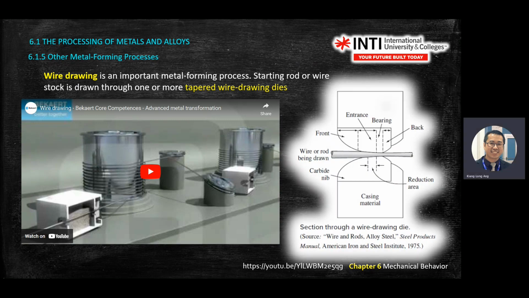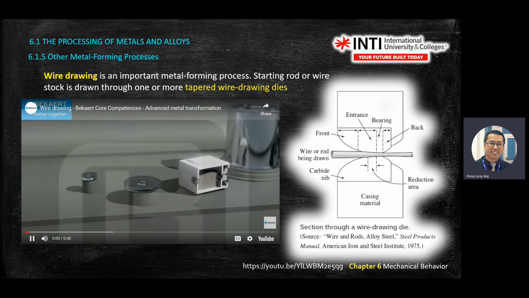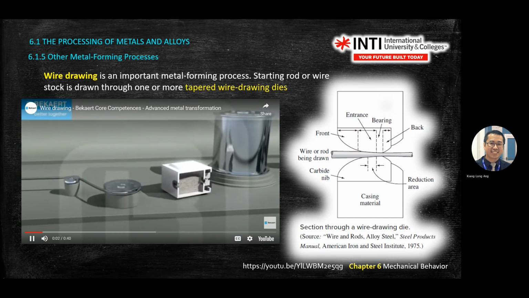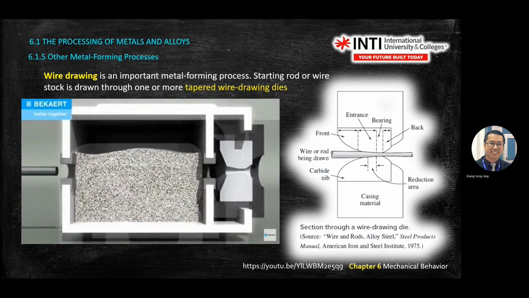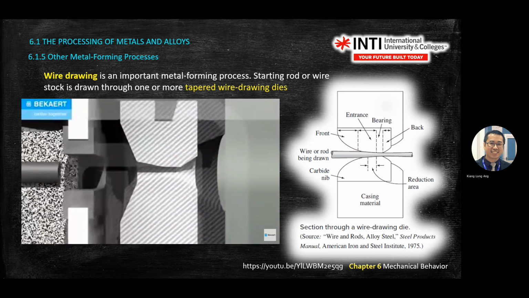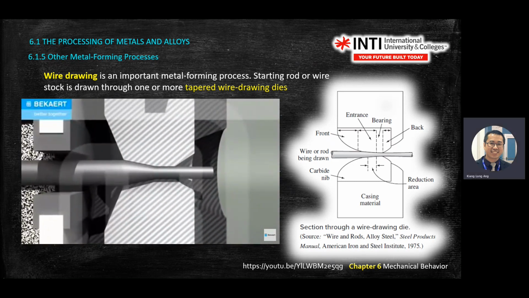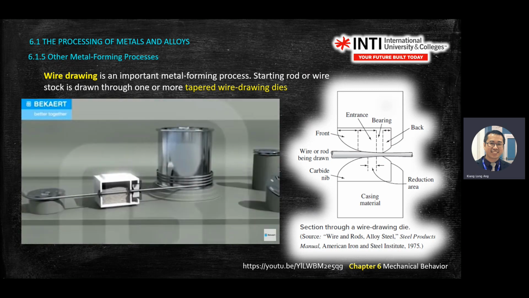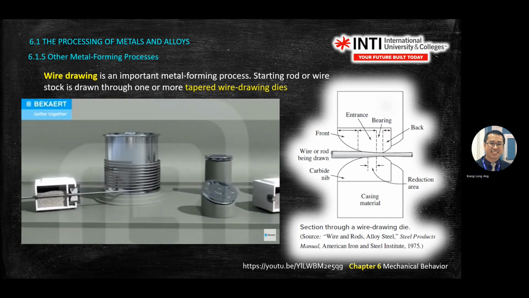So it's the same as the extrusion, but it's a continuous extrusion, right? The end product is in the wire shape. Okay, let's see how. So again, it's still extrusion, but the end product is in the wire form.